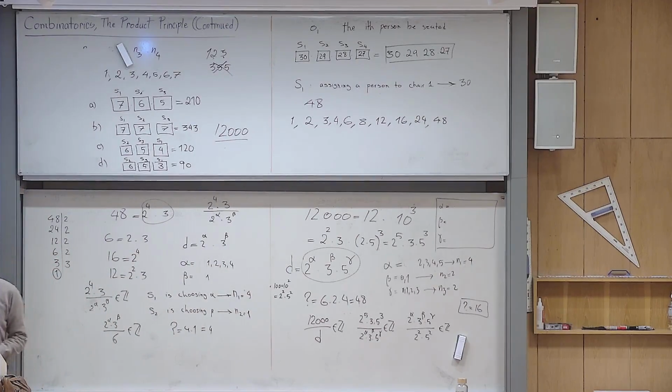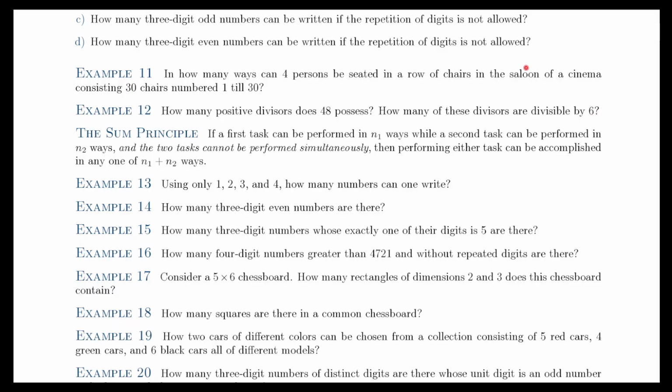Okay, so I think I end the lesson here. The next part is the sum principle, which is also a very simple thing. Multiplication and addition, things like that are very trivial. So I have 3 pens, you have 5 pens, how many pens do we have? That's a very primary school task.